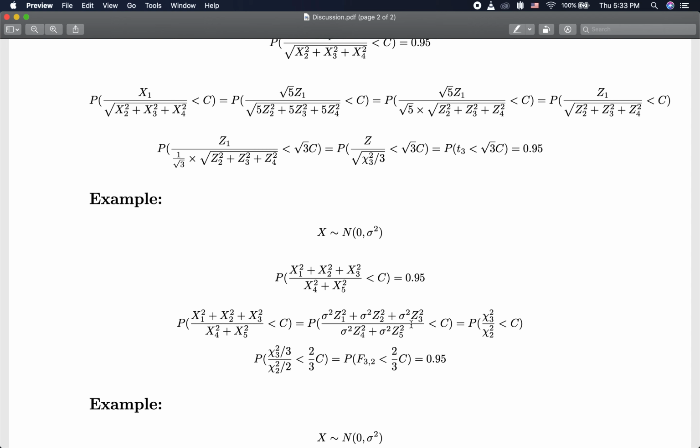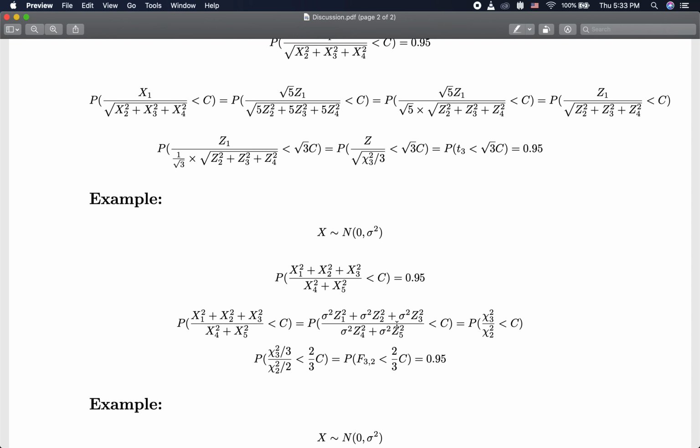Then we will get this equation here, and then we can further cancel out the sigma from the denominator and the numerator, so all the sigma is cancelled out, and we are just left with standard normal squared.